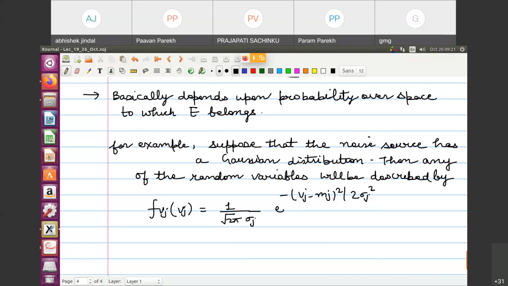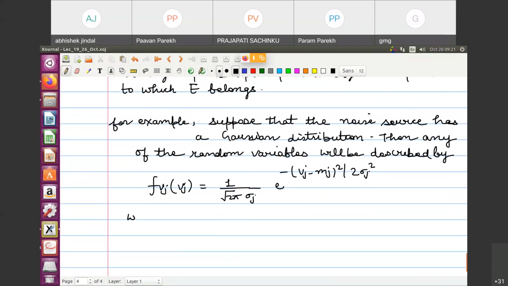Okay. Where V of j is the value of the process at time tj.